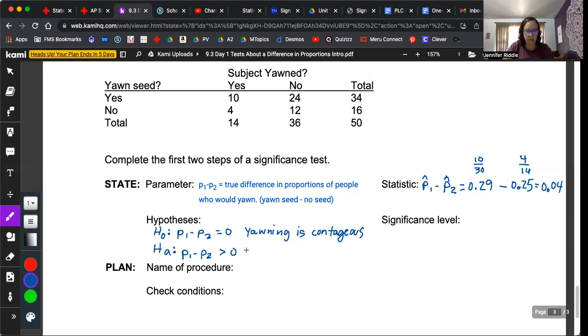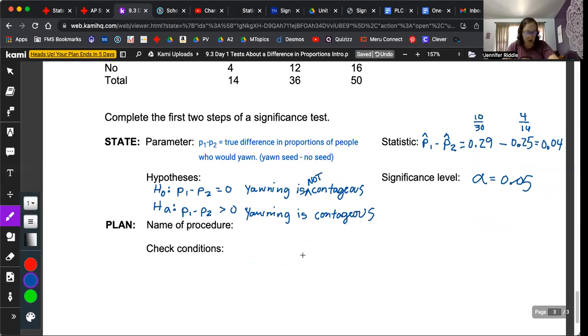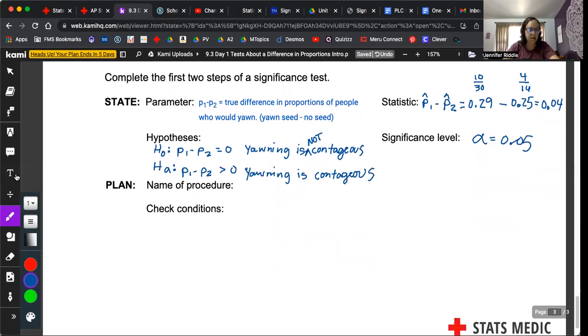Oops, I forgot the not in there, not contagious. And then yawning is contagious. And we are asked to work at alpha equals 0.05. Actually, it doesn't say in there, and since it doesn't say, that's why we're going to use 0.05.